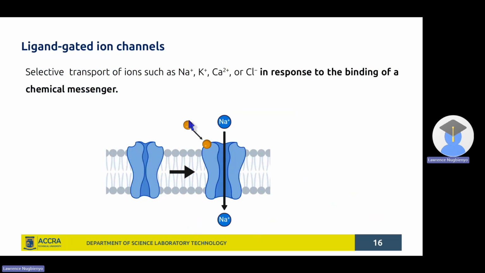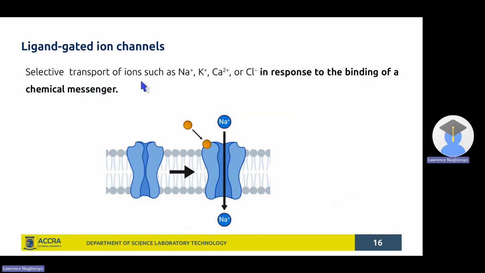Then you have this brown spherical structure, which is depicting a chemical messenger, for example, a neurotransmitter, as I said earlier, binding on the receptor of that transmembrane protein. It then triggers the opening of that channel to allow sodium ions to pass through it, across it.